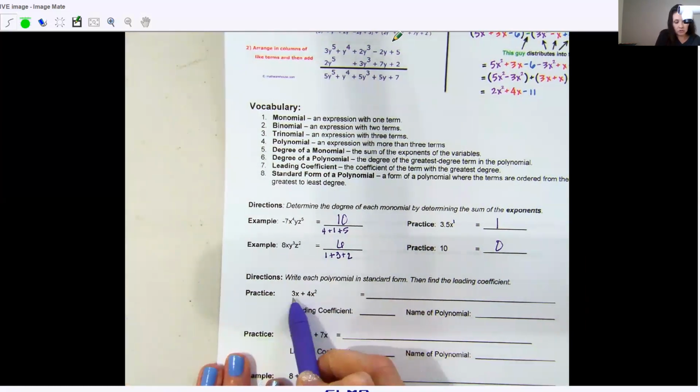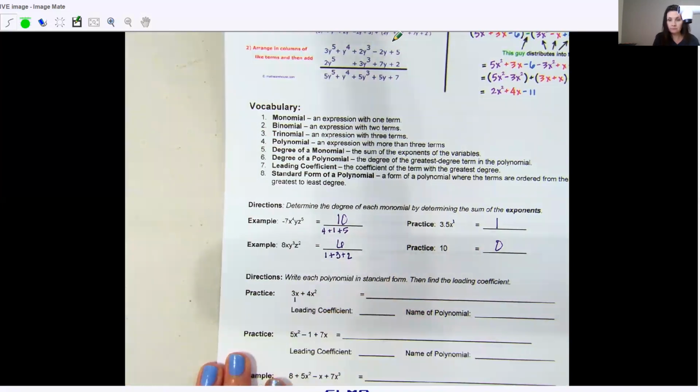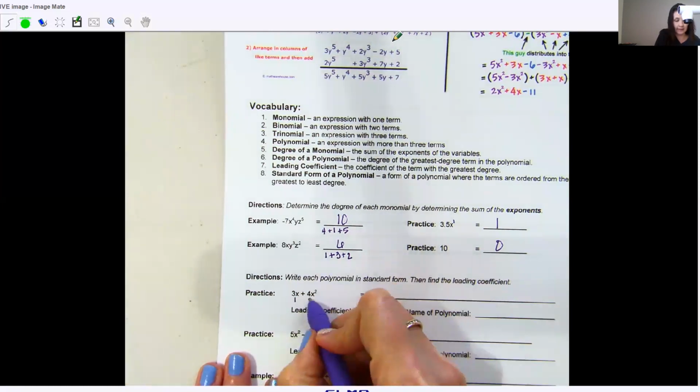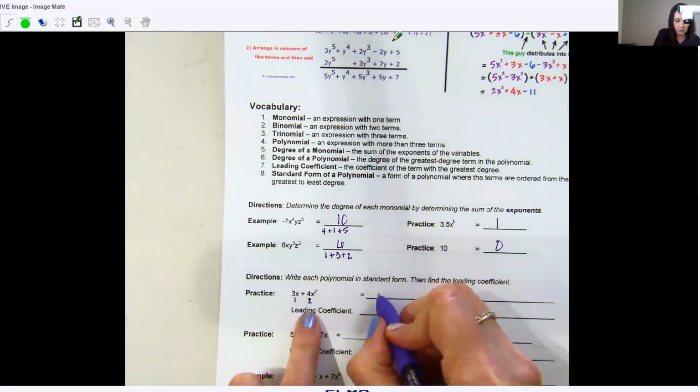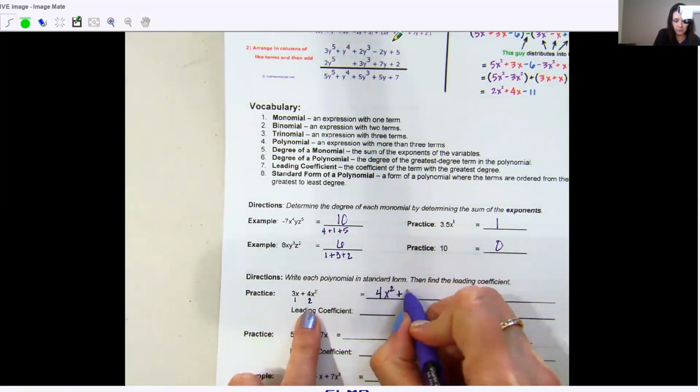In looking at just the 3x, my degree for 3x is 1, and the degree for 4x squared would be 2, because my exponent is 2. So in writing this in standard form, my 4x squared will go first, and my 3x will go second. So I would write this as 4x squared plus 3x.